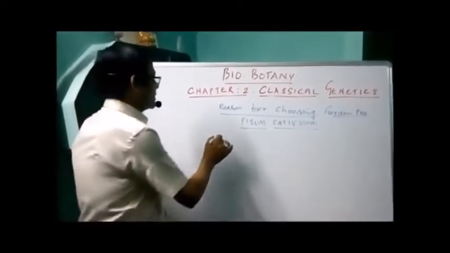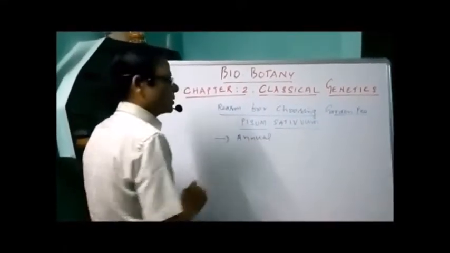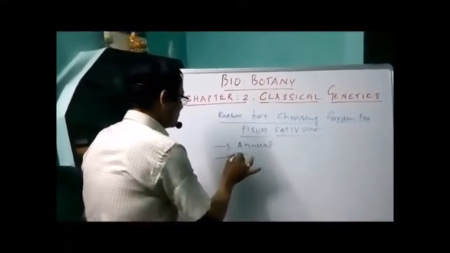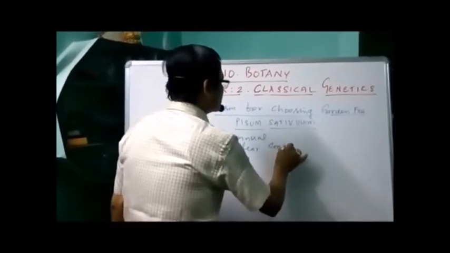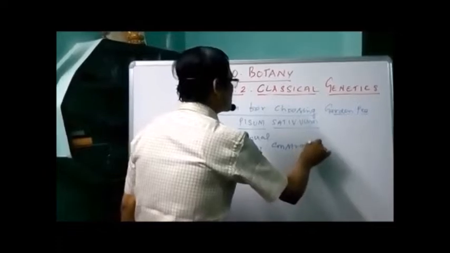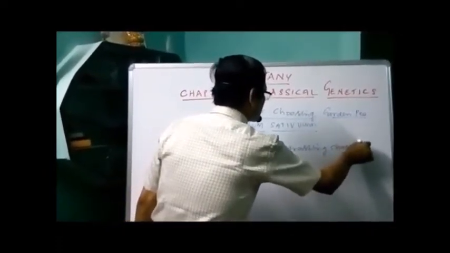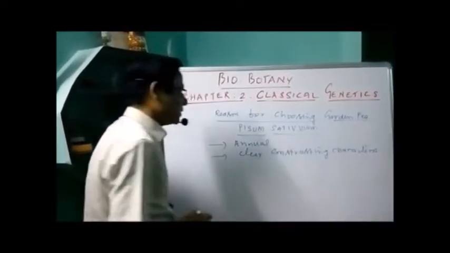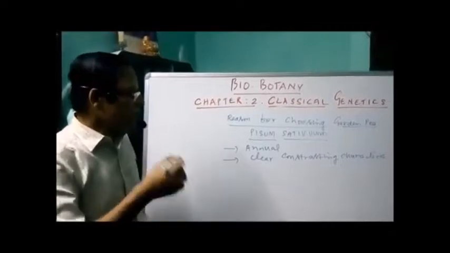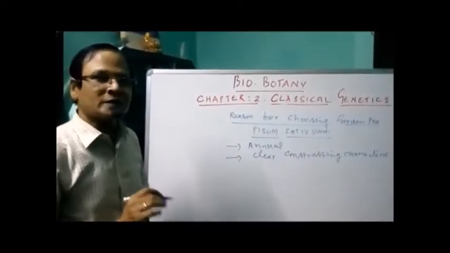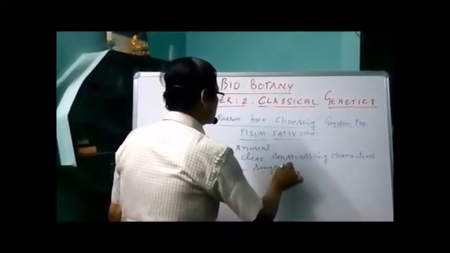The plant is annual, and it normally shows clear, distinct contrasting characters. These contrasting characters are controlled by a single gene separately.